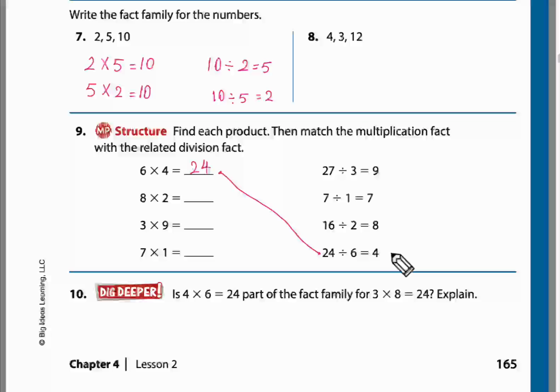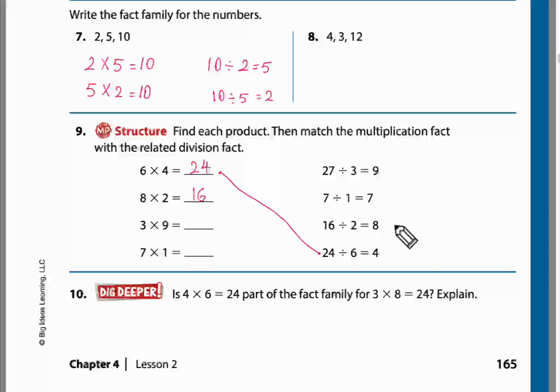Ahmad Anwar, go ahead. The next one, 8 multiplied by 2. What is 8 multiplied by 2, Ahmad? 16. Okay.